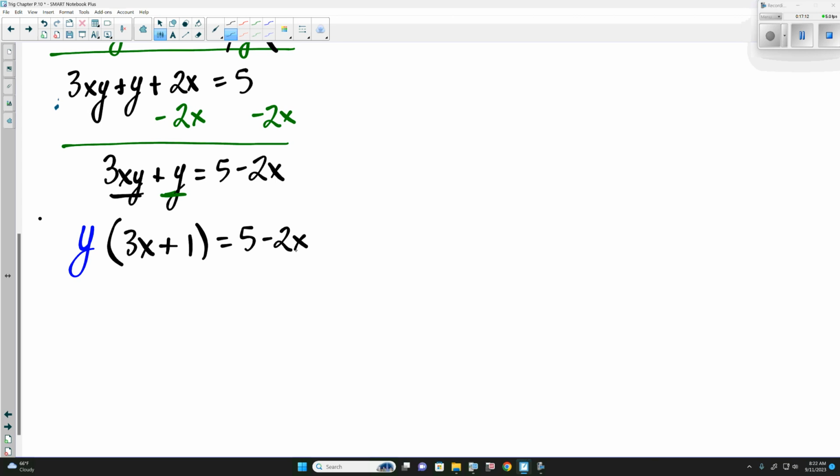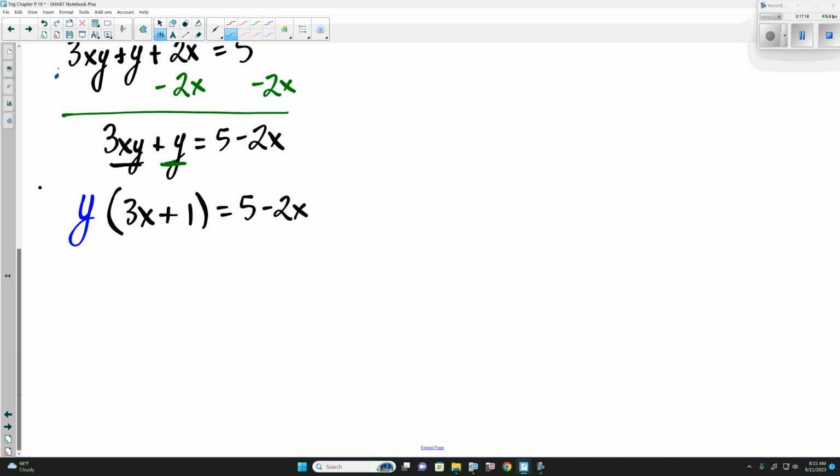Where I started out with an equation, once we switch the x and y, we're at y in multiple spots. I have now got it to a form where I only have it in 1. And that's the goal with these here. Now at this point, to get the y by itself, I can divide both sides by 3x plus 1.